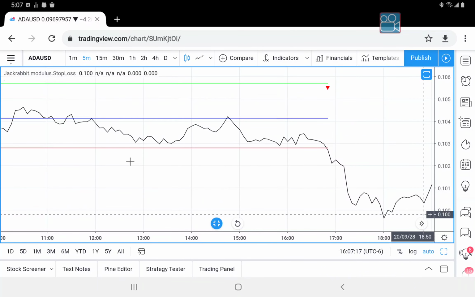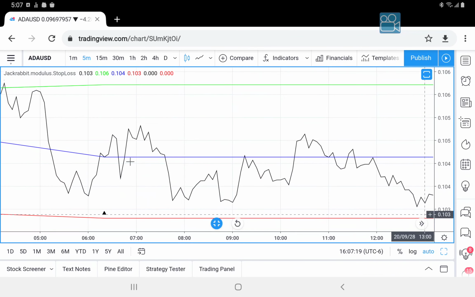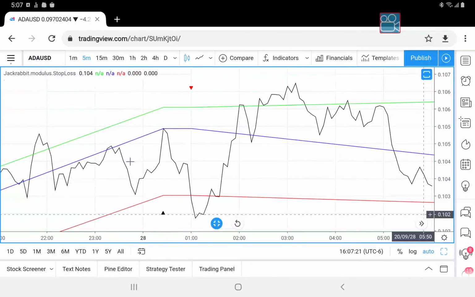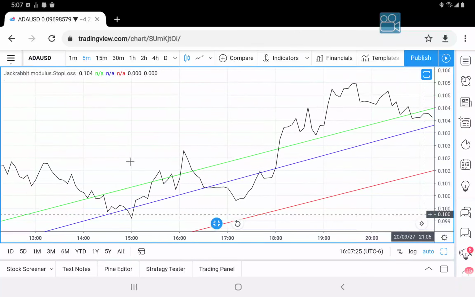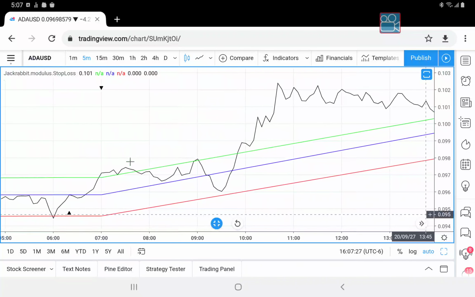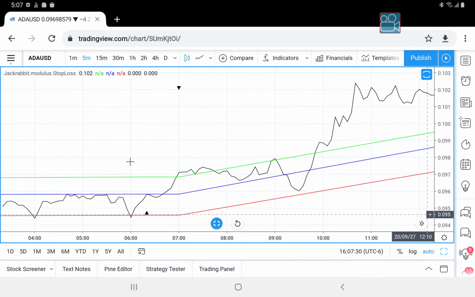Let me really get this zoomed in. Okay, here we go. Now, part of the nomenclature that needs to be discussed. The blue line is the purchase price. The red line is the stop loss.